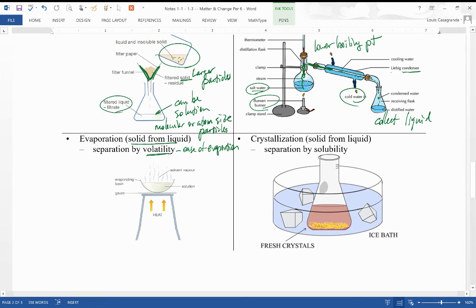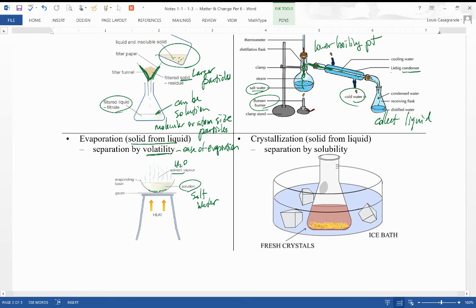So in this case, we have, say, a solution. Again, this could be salt water. And we heat it up. And as we heat it up, the water is going to evaporate off. And eventually it's going to leave just the crystals of salt behind. This is a way of separating salt from seawater.